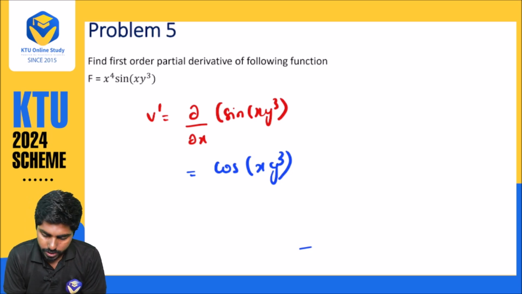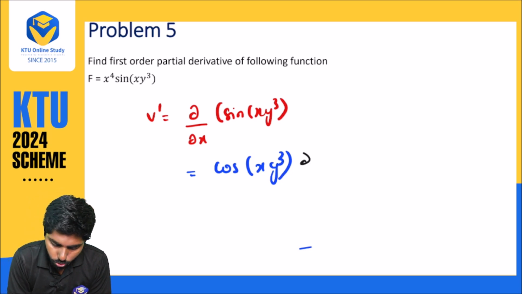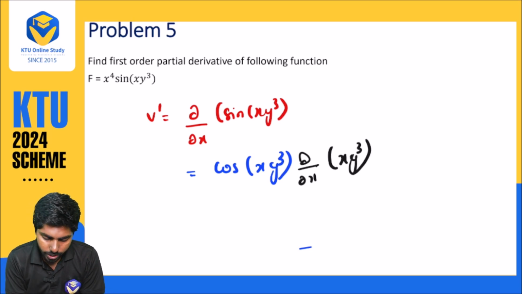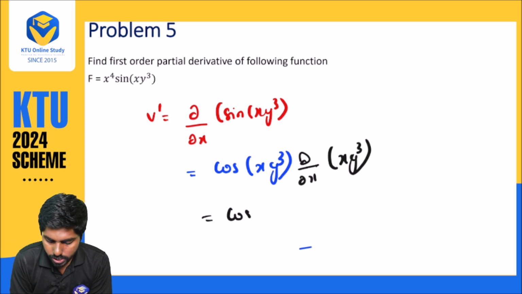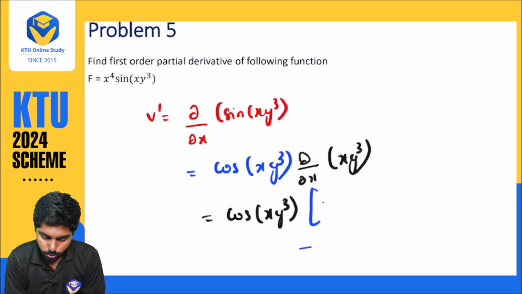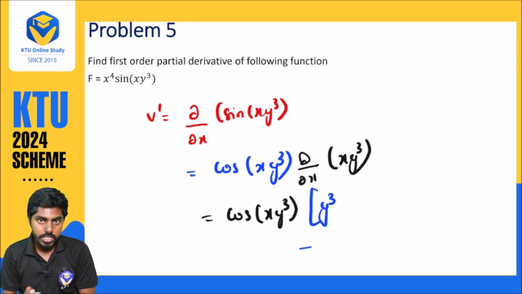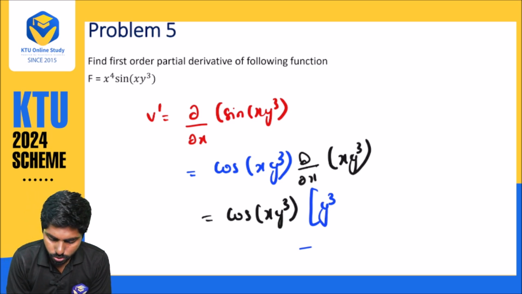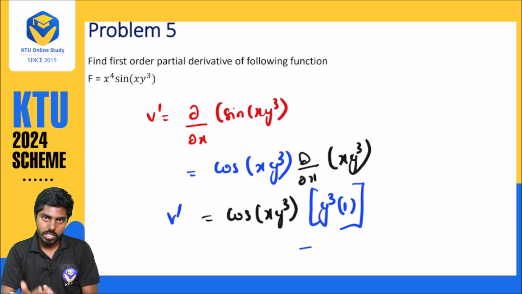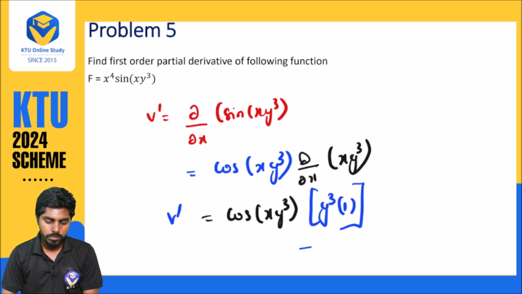Now inside the bracket, dou by dou x of x y cube: y cube is constant, taken outside, and differentiation of x is 1. So this is V dash, and this is the way we get V dash.